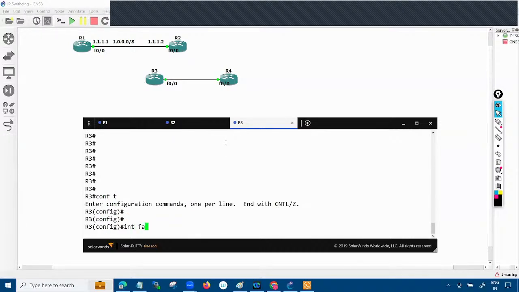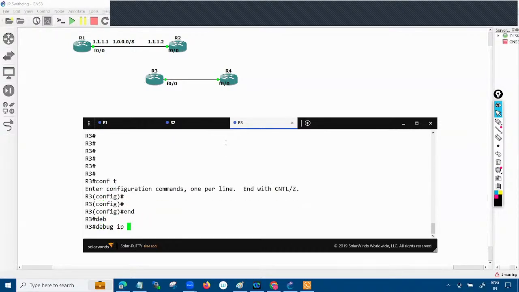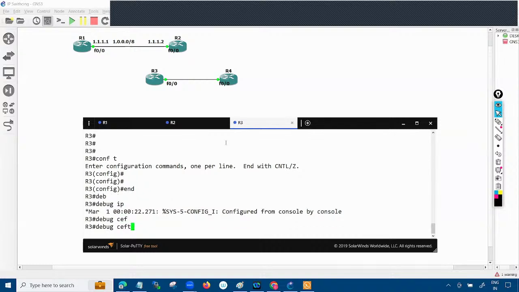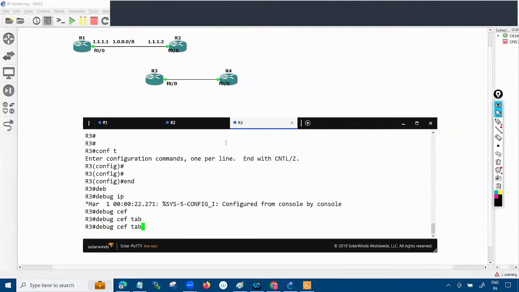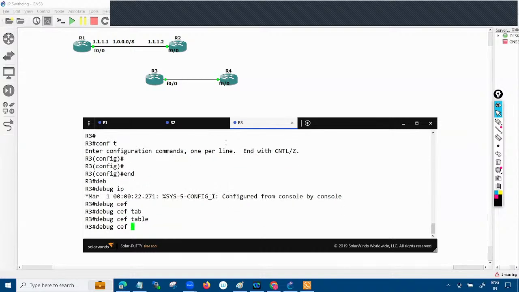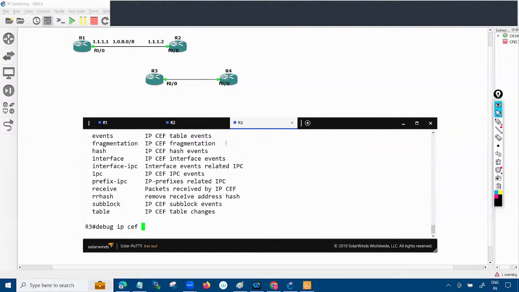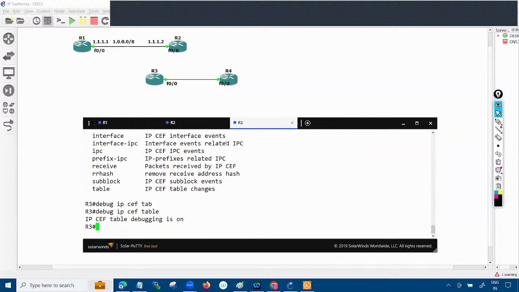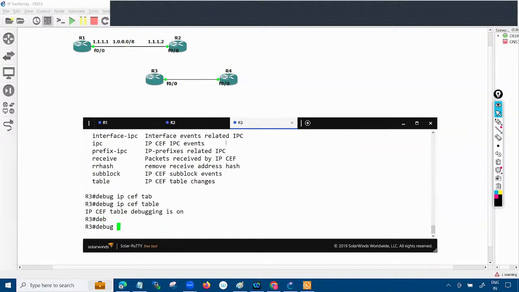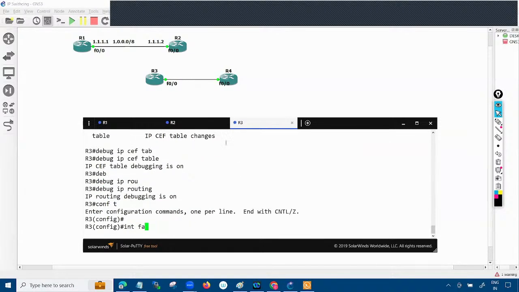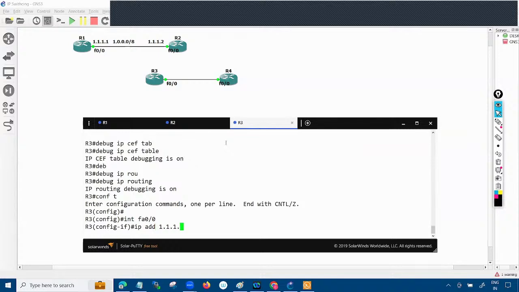Okay, the command is a little different. Depending on the version, it varies. Debug ip cef.